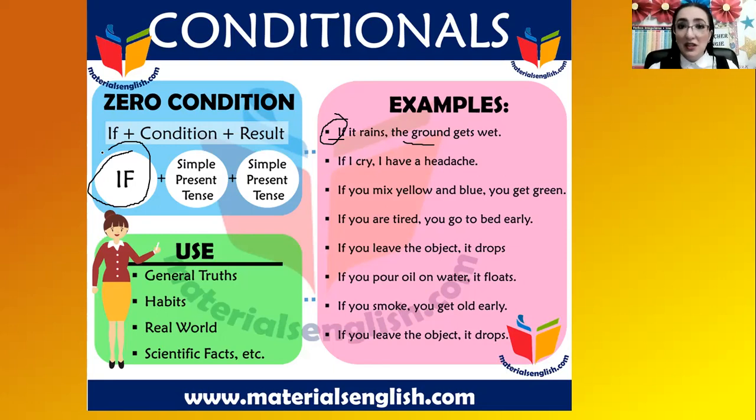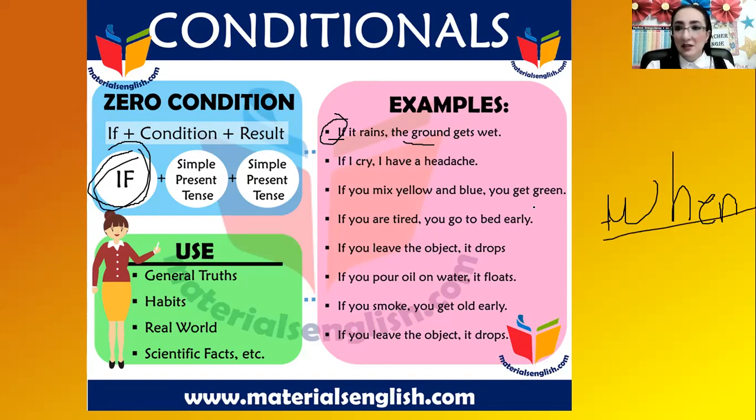We cannot be talking about conditionals if we don't have the word if or the word when. Excellent. If or when, the one that you want to choose, okay? If or when plus your clause, what you want to say, but it has to be in present simple. And also you need to have your result, but in present simple, okay?